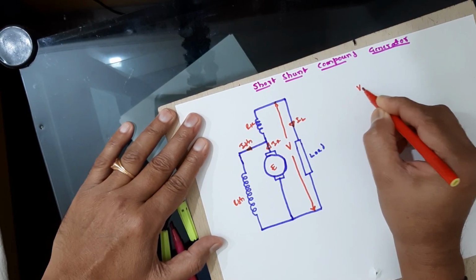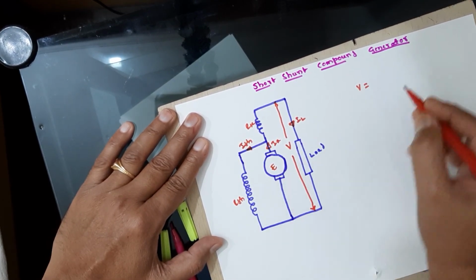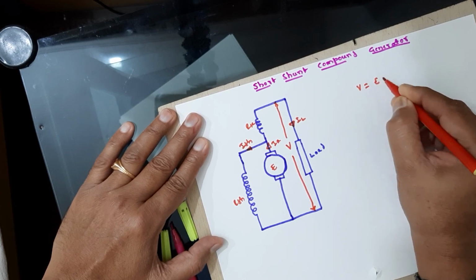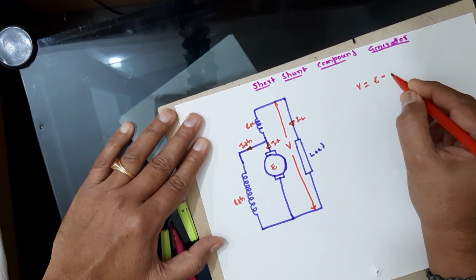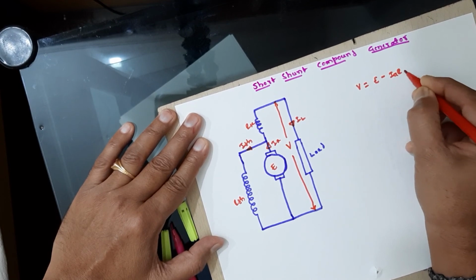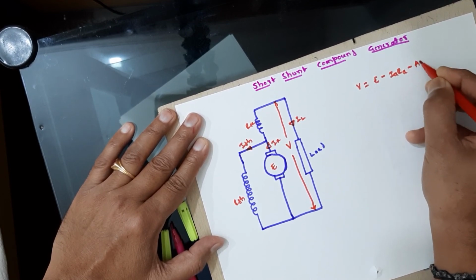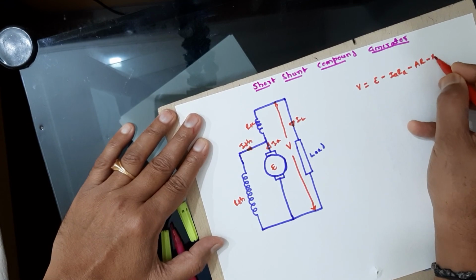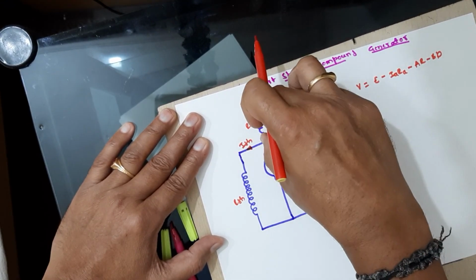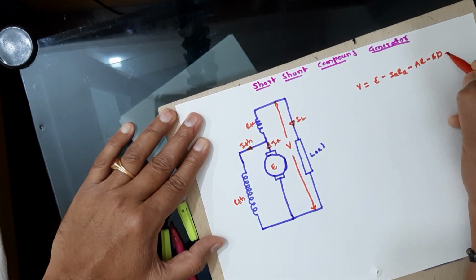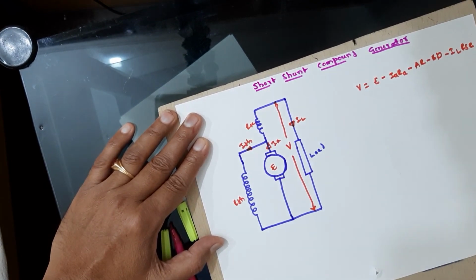V is equal to the first voltage E minus IARA drop, minus armature reaction, minus brush drop, then minus IL R series.